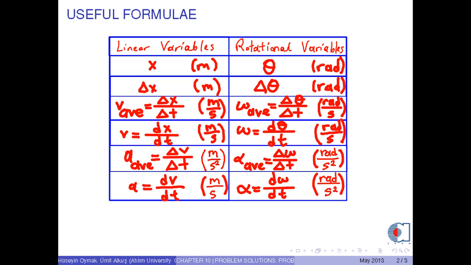However, in the second column, you see the variables in the rotational motion, and they are listed correspondingly to the linear variables in the first column. For example, angle or angular position theta is corresponding to the linear position x, and it has units of radians in SI unit system. Next, delta theta is the change in the angular position, or it is the change in angle.